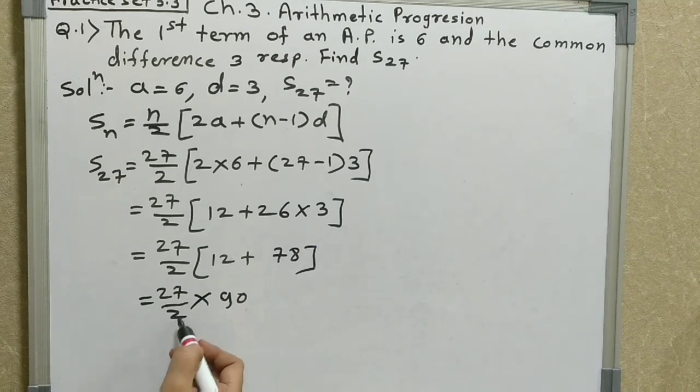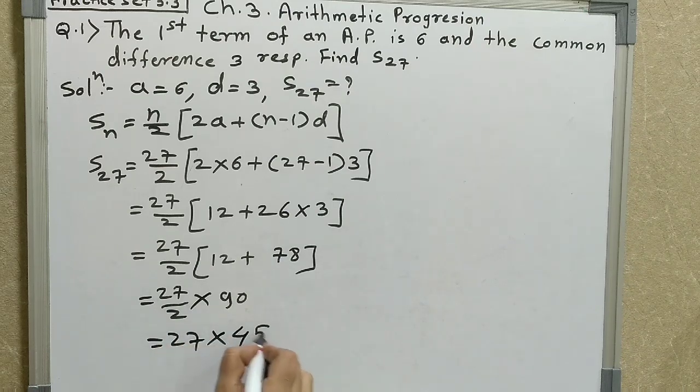Now we divide 90 by 2 and we get 27 into 45. Multiply 27 into 45, that is 1215. So the sum S27 is equal to 1215.